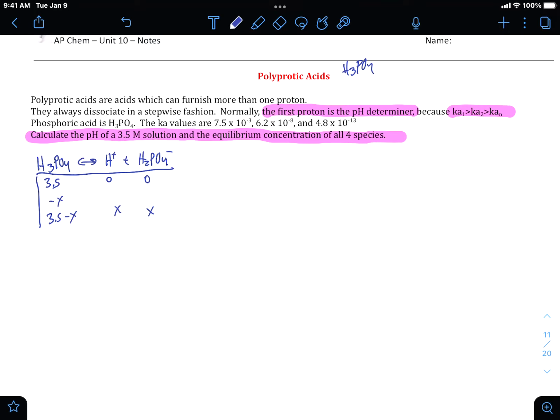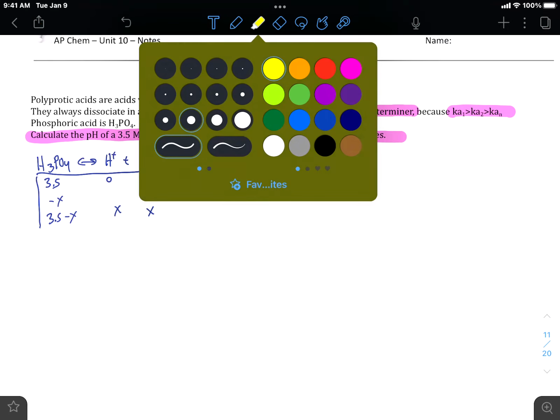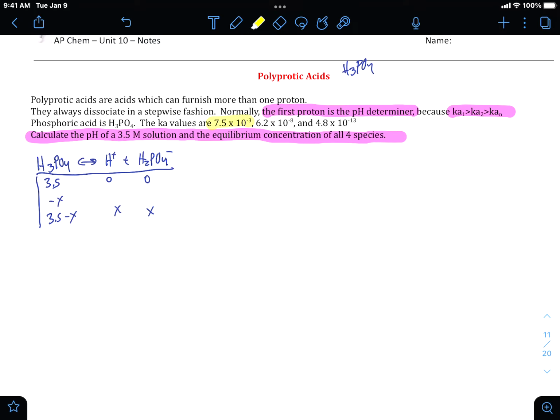So Ka, the first Ka1, so what do we get?